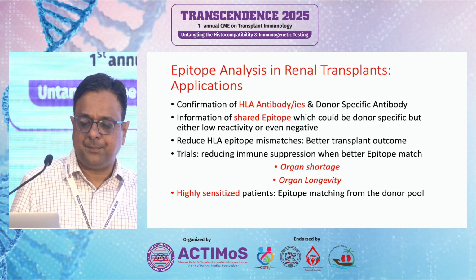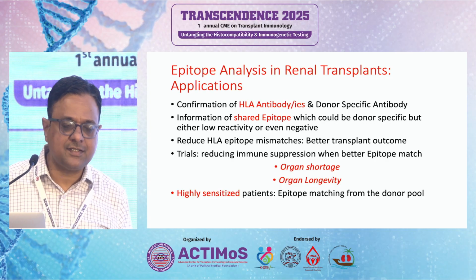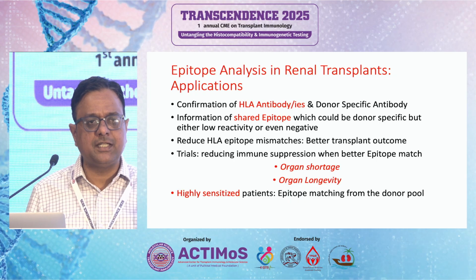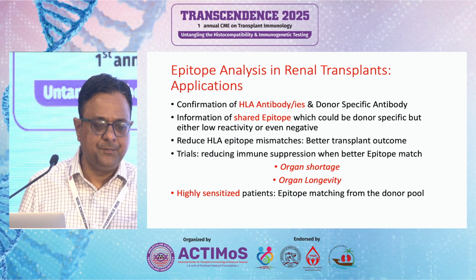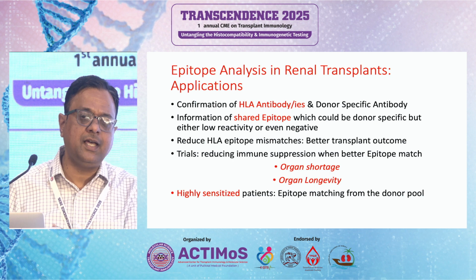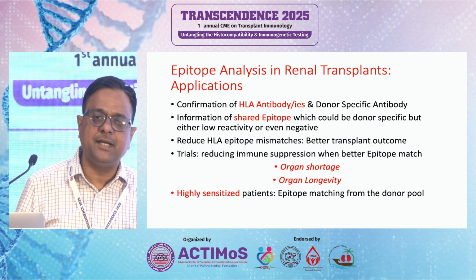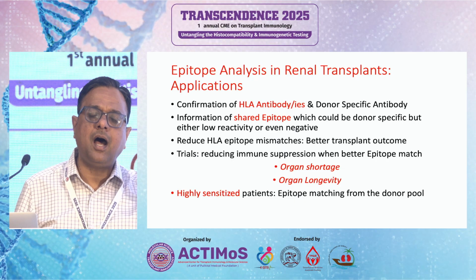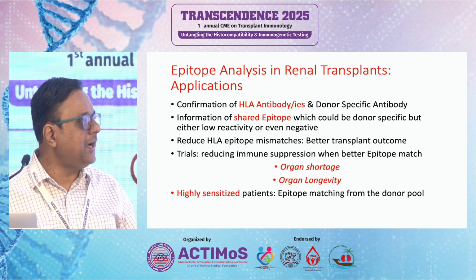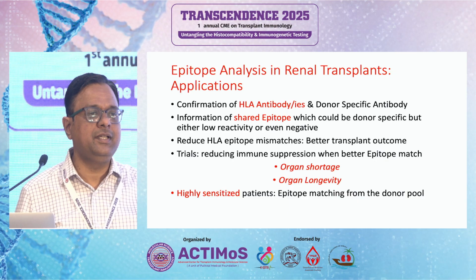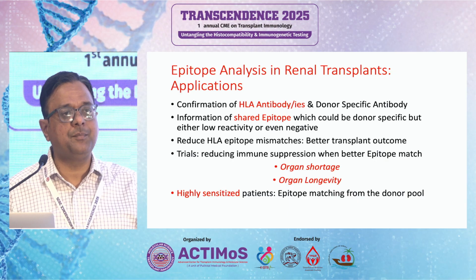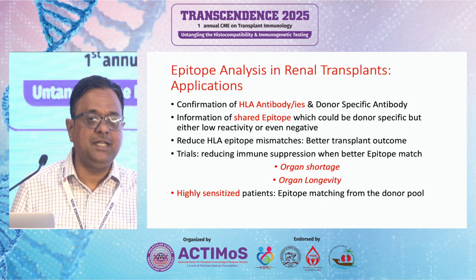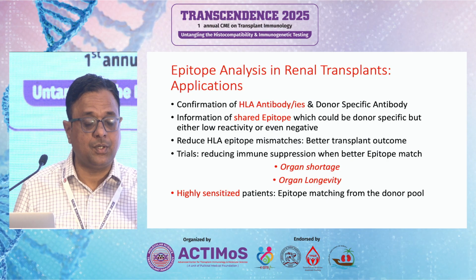Coming to the epitope analysis, as Siddharth just mentioned, and we will be discussing in detail again, there are two basic applications for epitope matching nowadays. With the help of the software, we get a score between patient and donor, and based on how good or bad the score is, we find out the prognosis. If the score is good, we believe the transplant prognosis will be good. If the score is bad, we believe the transplant might not do so well.